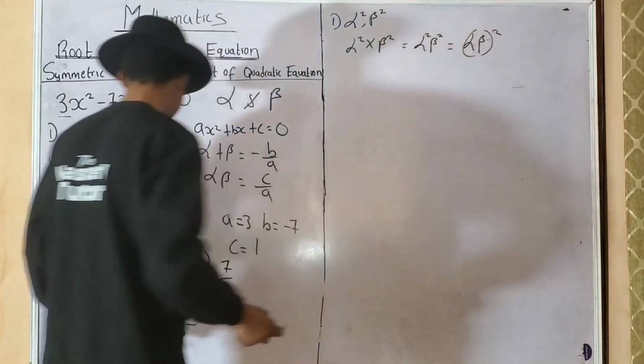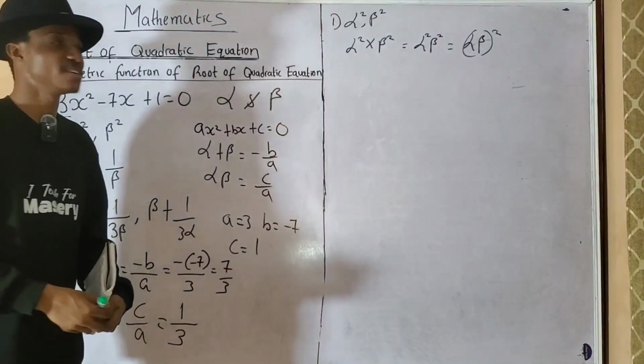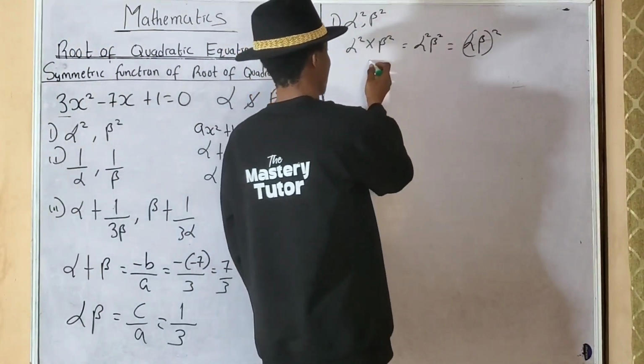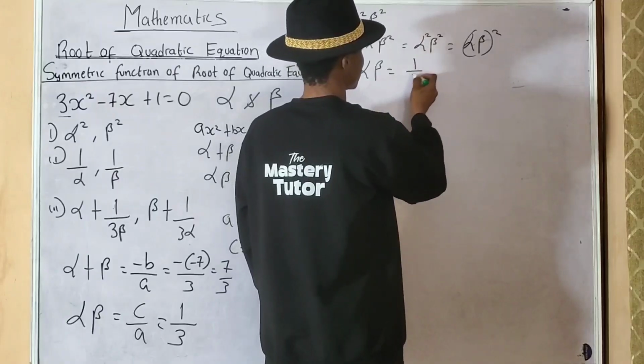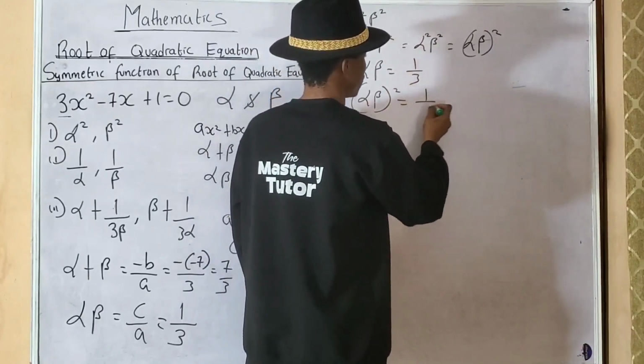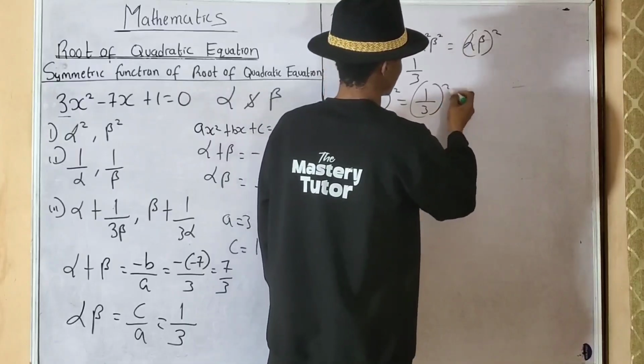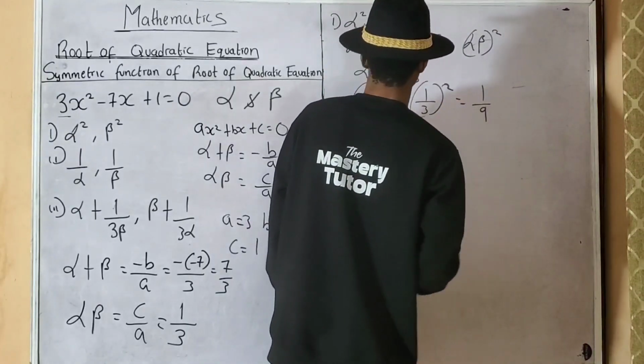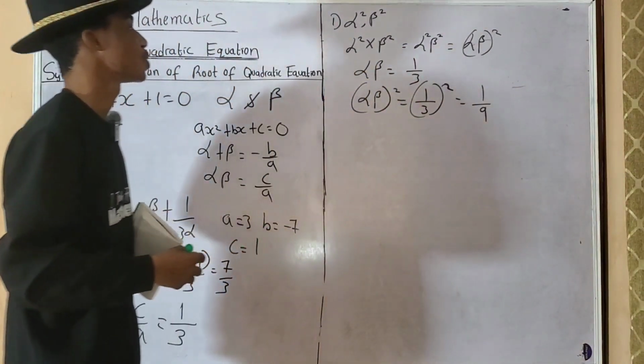Don't forget that alpha beta is 1/3. So alpha beta squared will be 1/3 squared, so that will be 1/9.